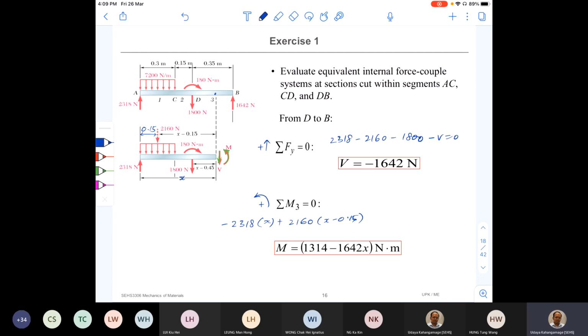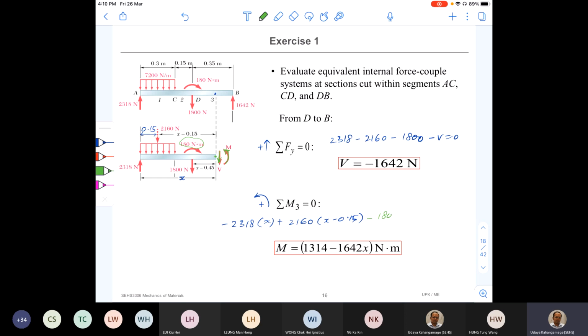Now I'm asking about the moment 180 Newton meter, this one. Is it going to create a negative moment about point C, the cut point here, or positive moment? From the direction, you can tell that it's negative, right? So it is negative, remember, okay?